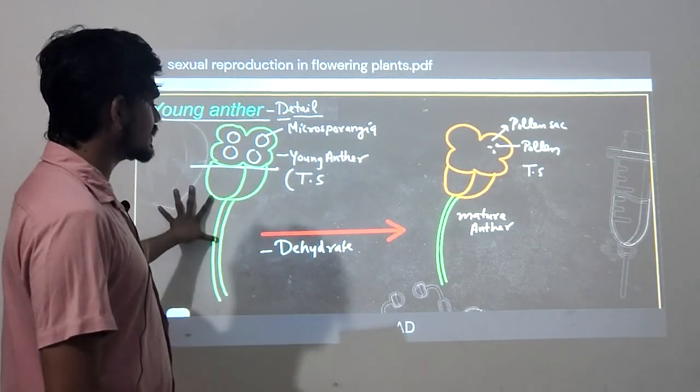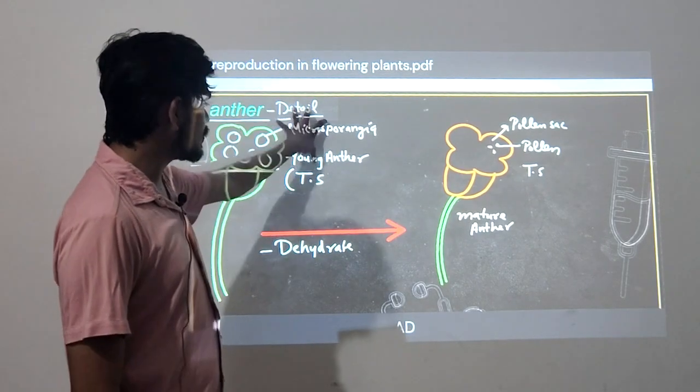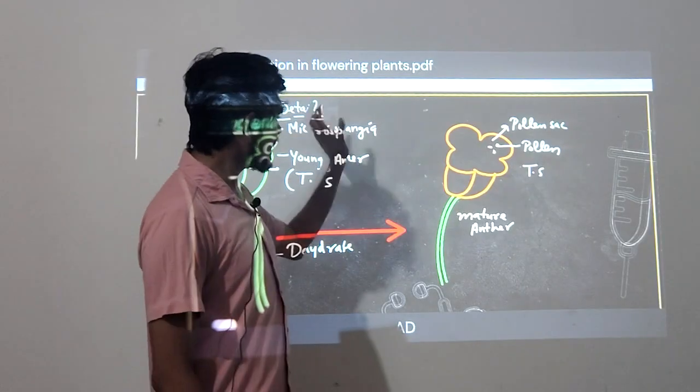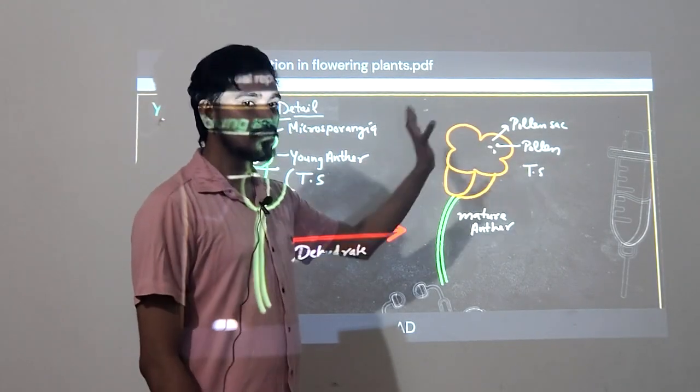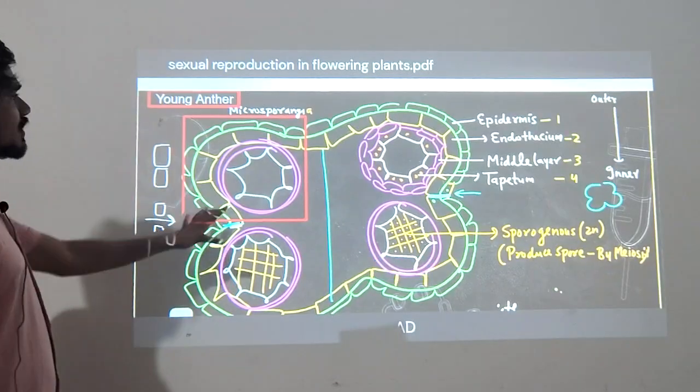So this is the young anther and that is the mature anther. In the young anther there are microsporangia, and in the mature anther they have converted into pollen sacs that contain pollen grains.